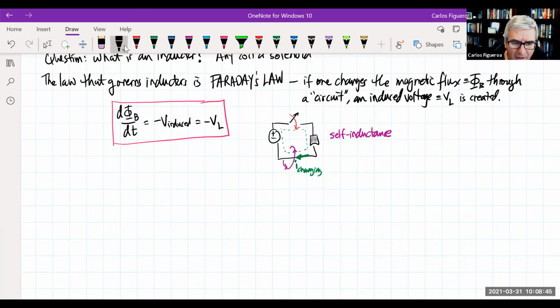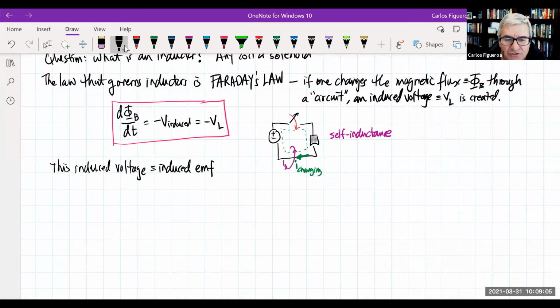And so what I'm saying here is that this induced voltage, but typically they call this an induced EMF, right?